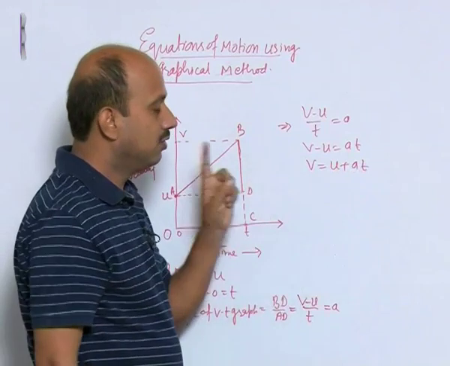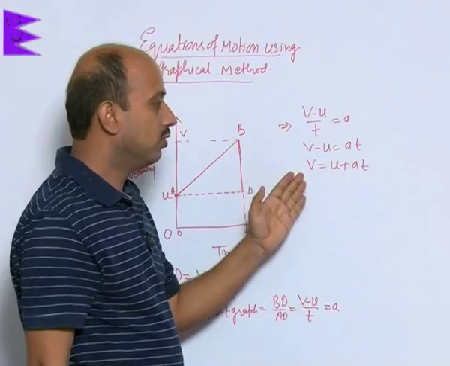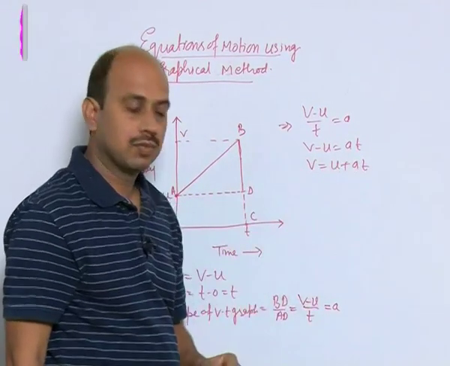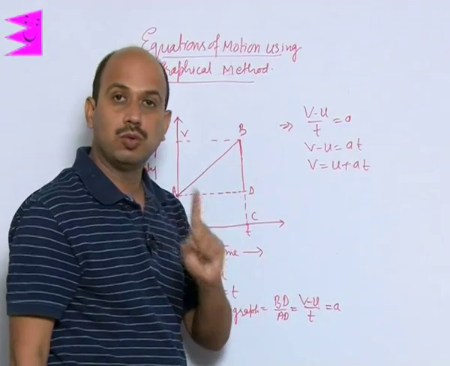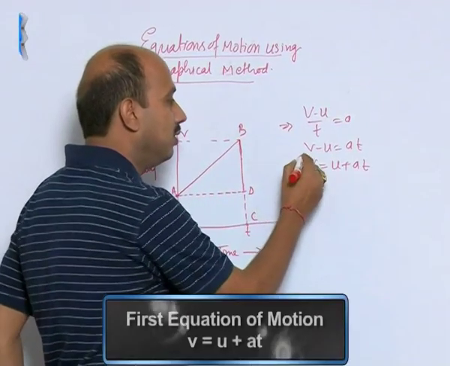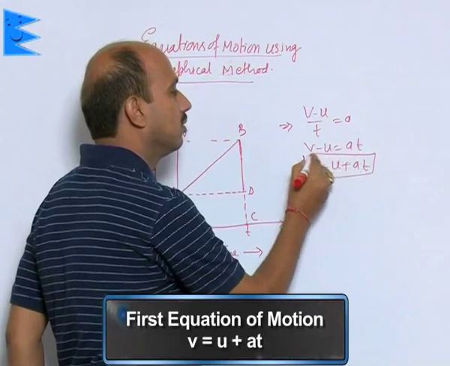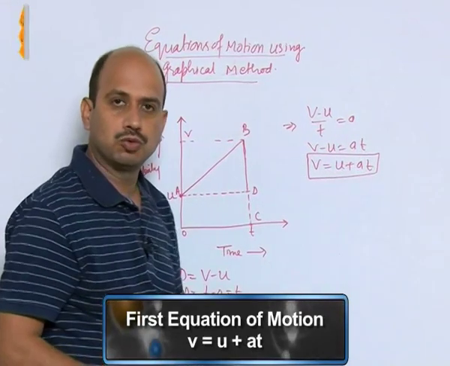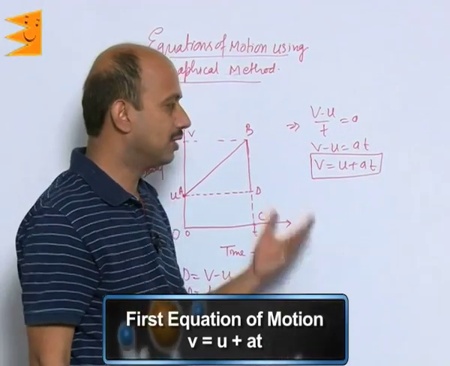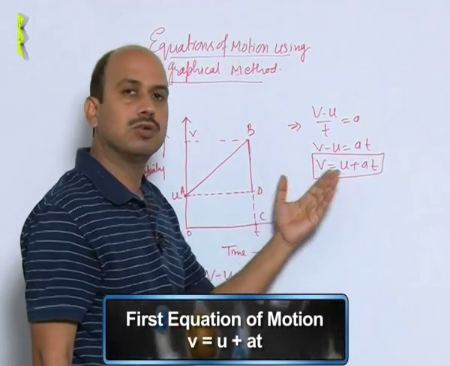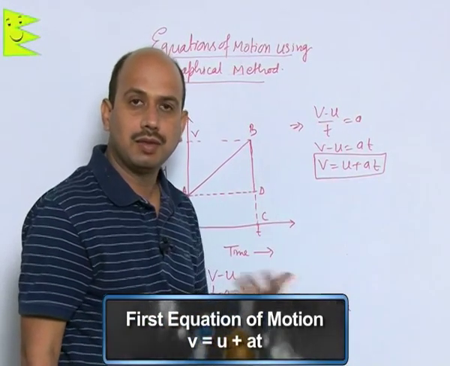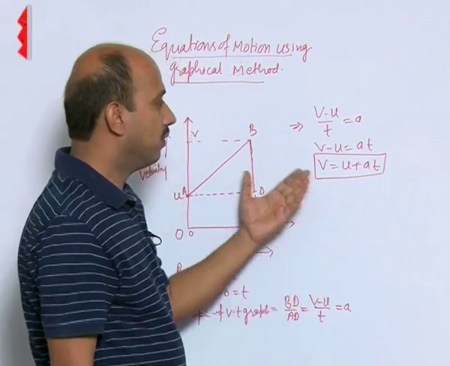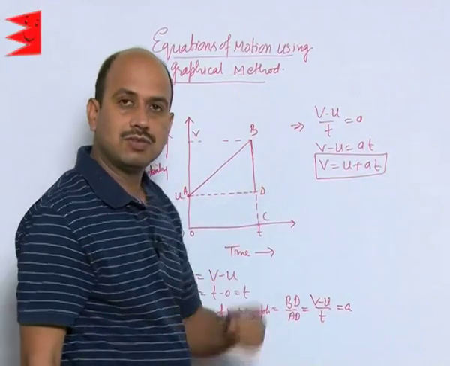This is the relation between velocity, acceleration and time, when acceleration remains uniform, and this relation is known as the first equation of motion. You can say first equation of motion, or better, the relation between velocity, acceleration and time.